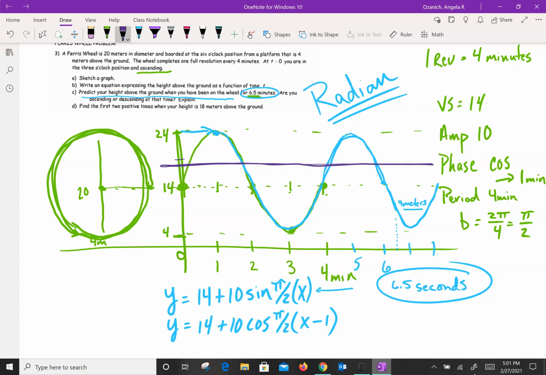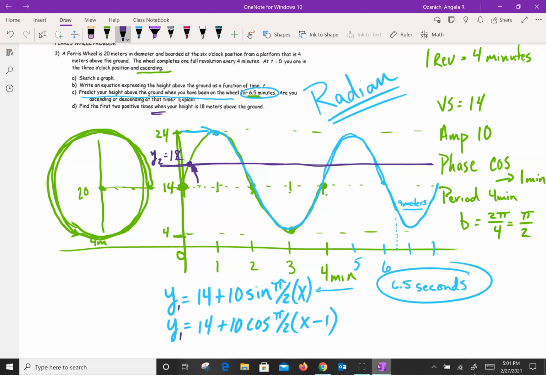You're going to have sometime in the first minute where it's 18 above the ground. You can find that point of intersection on your graphing calculator by plugging 18 into y sub 2, and one of these equations into y sub 1 to get you working graphically.